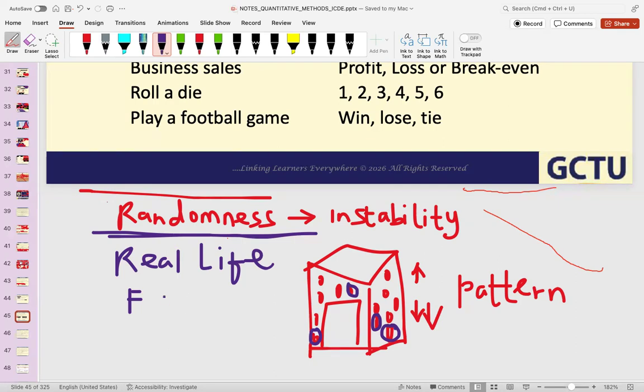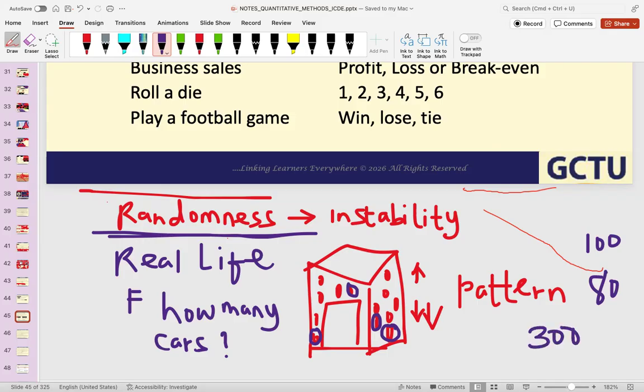The question is, how many cars are you expecting to come to buy fuel that day? You cannot predict because one moment on a particular day you had 100, another day it may decrease to 80, another day that you think nobody will come, you have about 300 cars. That is randomness, and it's typical of the movement of the corn in the popcorn baking machine.